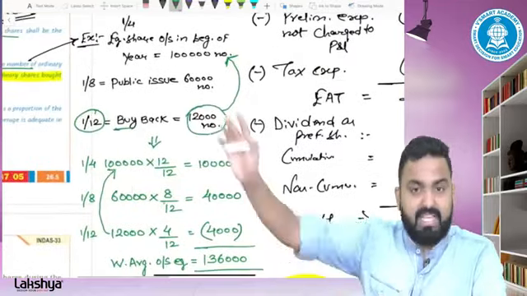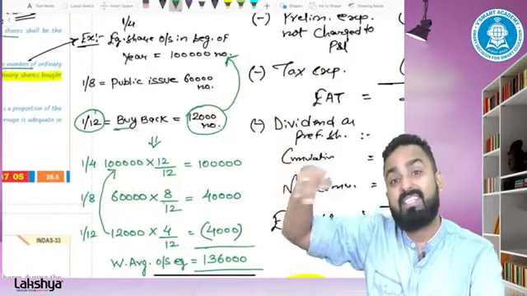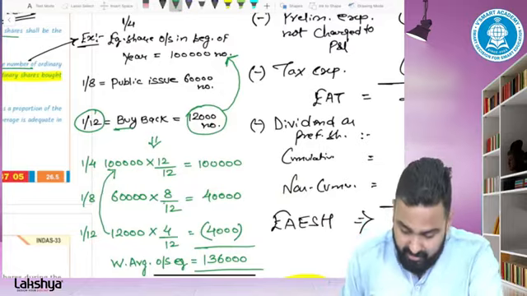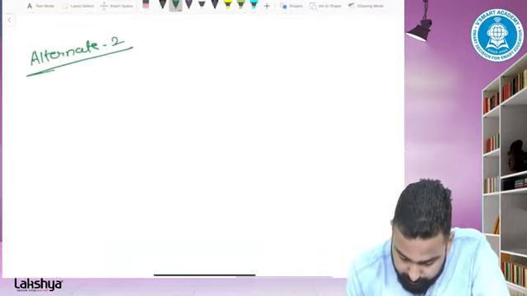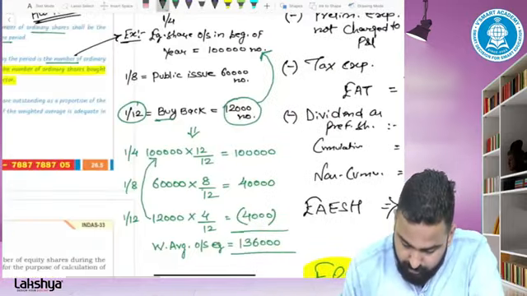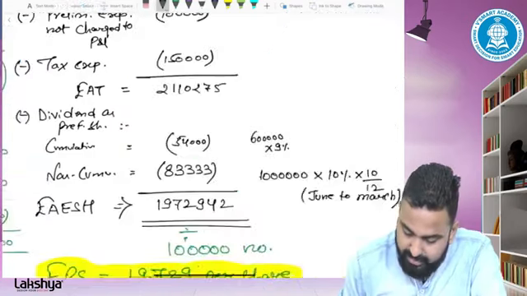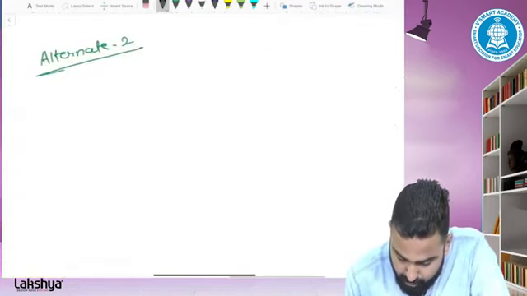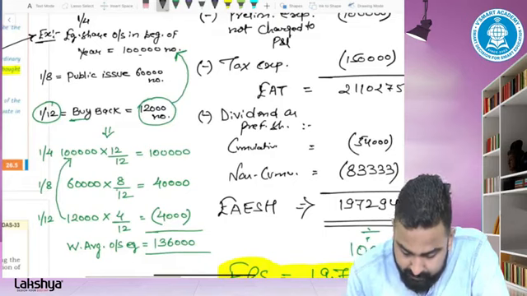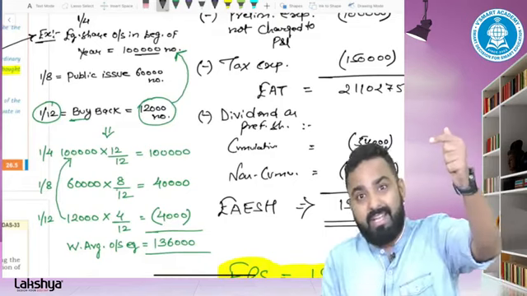Now the same example could be solved with some other alternative. How? Equity shares outstanding in the beginning of the year were 1 lakh. So these were outstanding 1 lakh since the beginning.